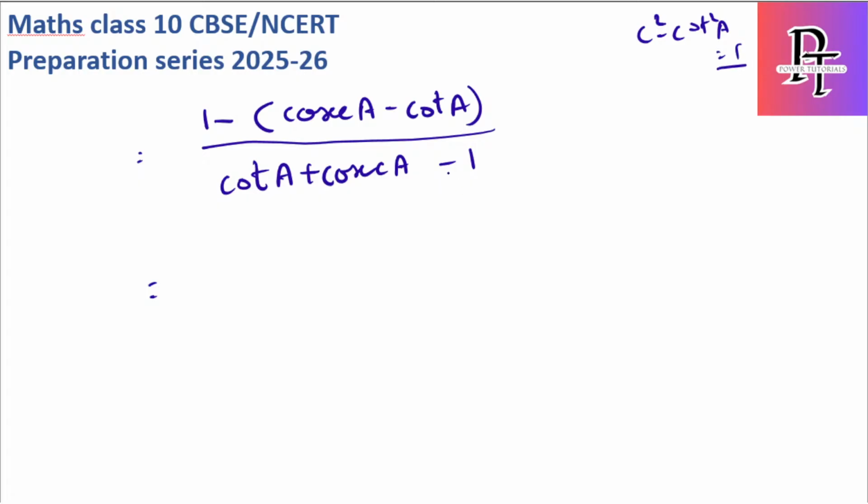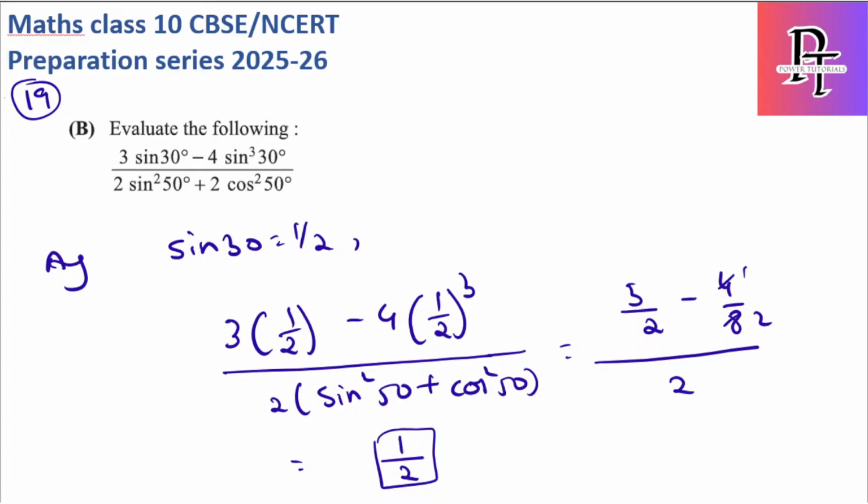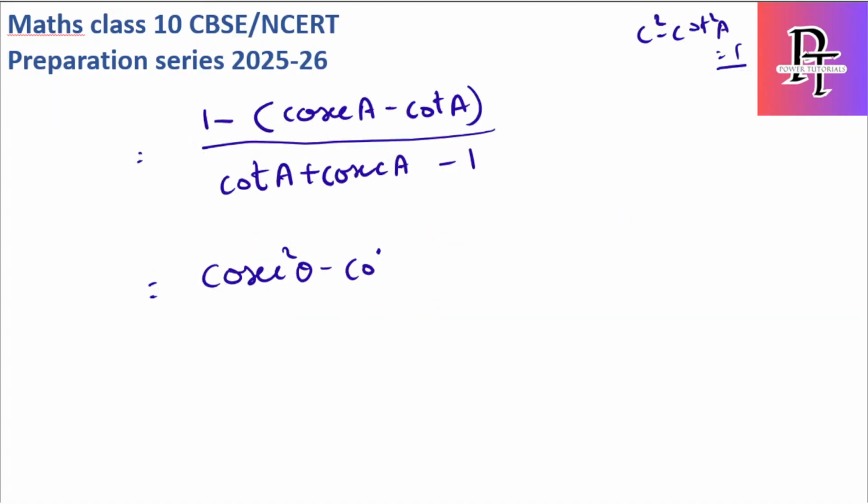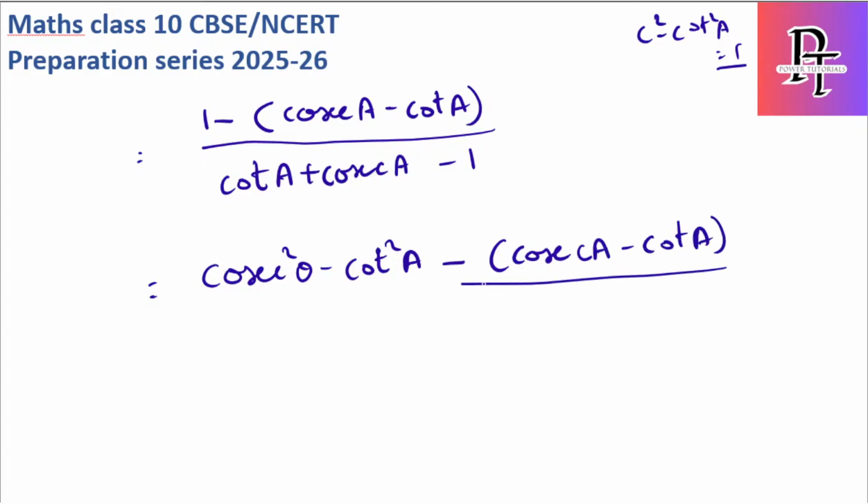Okay, so I will replace the numerator value as cosecant square a minus cot square a, minus of cosecant a minus cot a, and denominator I have cot a plus cosecant a minus 1.